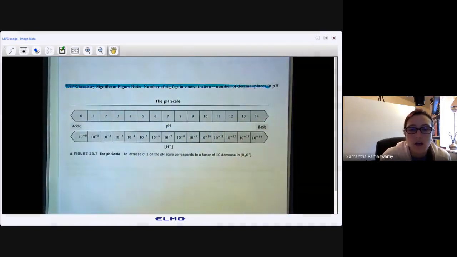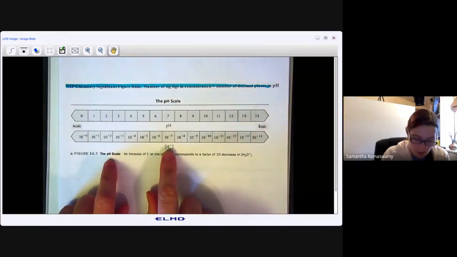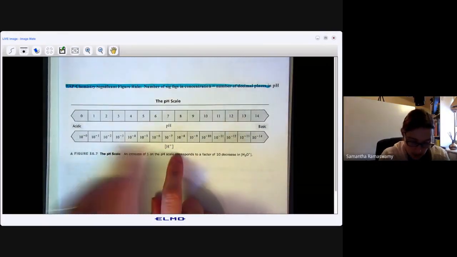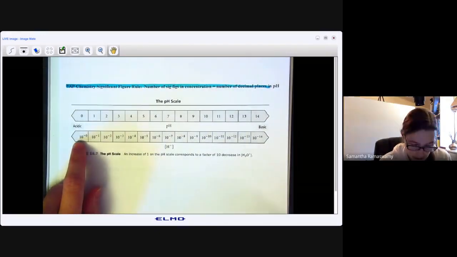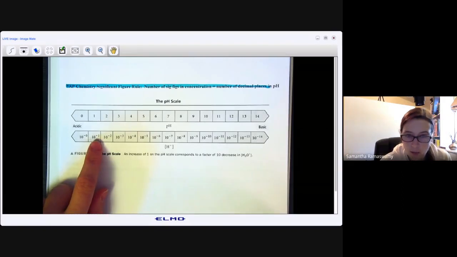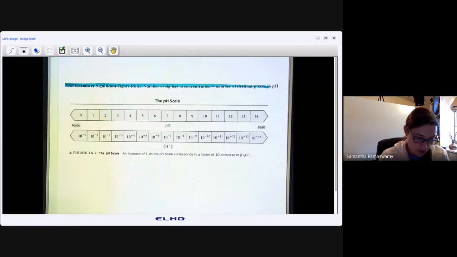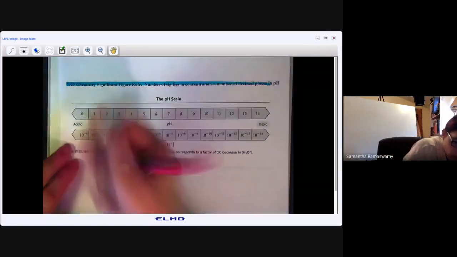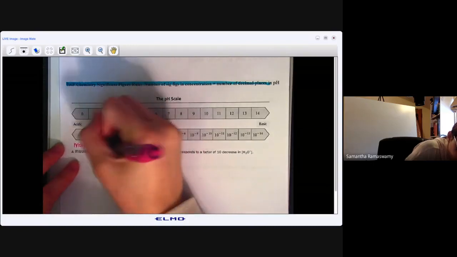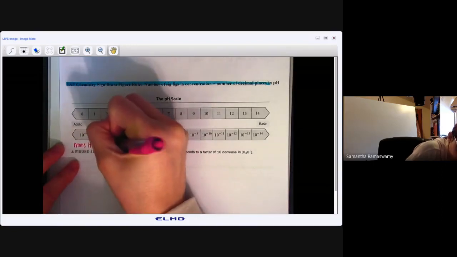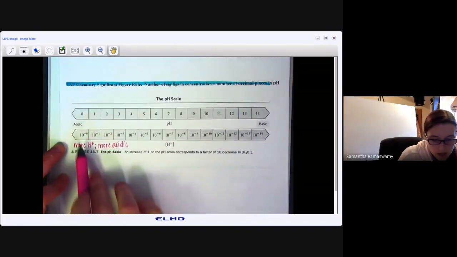If you take a look at the H plus concentration, this is something that's useful to remember. Notice up here, 10 to the 0 is 1, 10 to the negative 1 is 0.1, 0.01, 0.001. So notice here, the more H plus, the more acidic it is.